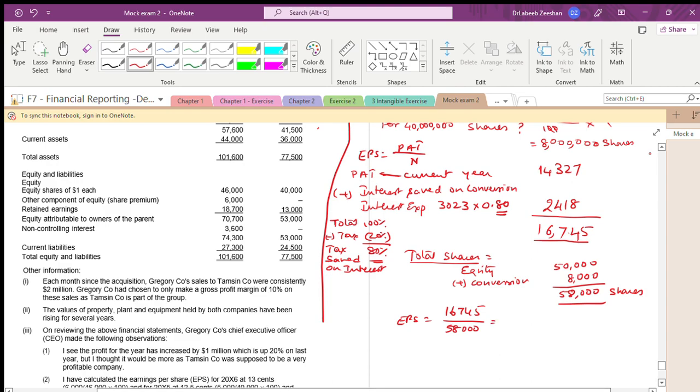How much will you get? 0.29, or 29 cents per share.